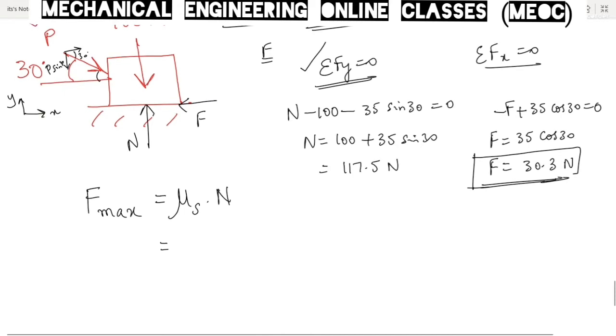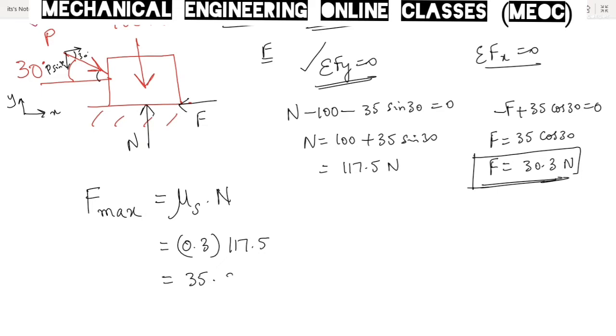So it is 0.3 multiplied by N, the normal reaction, which is 117.5. This comes out to be 35.25 Newton. So the limiting friction F max is 35.25. The friction that is generated or developed is 30.3.